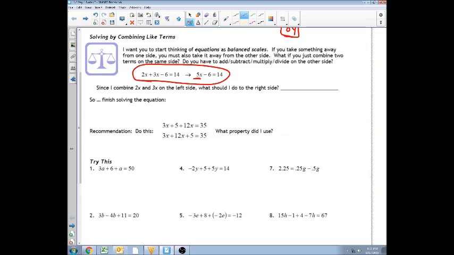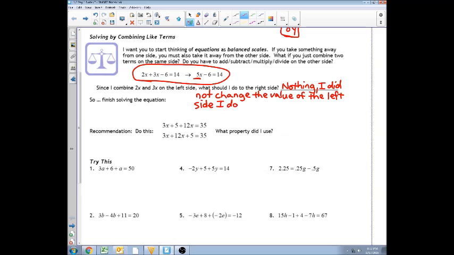I kept my 14. So since I combined the 2x and the 3x on the left side, what should I do to the right side? Well, actually, there is nothing that you have to do, because I did not change the value of the left side.